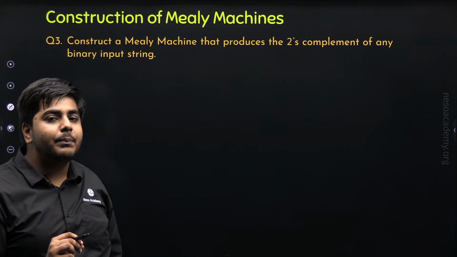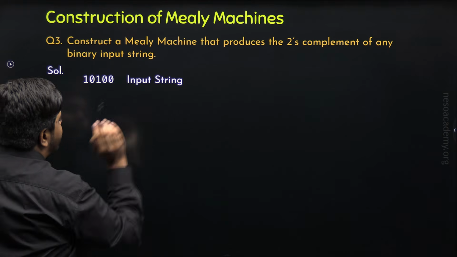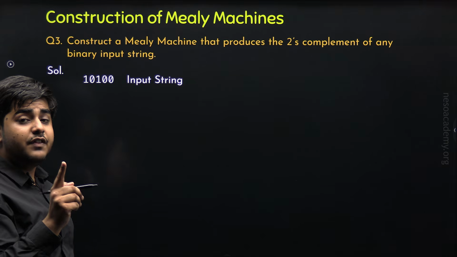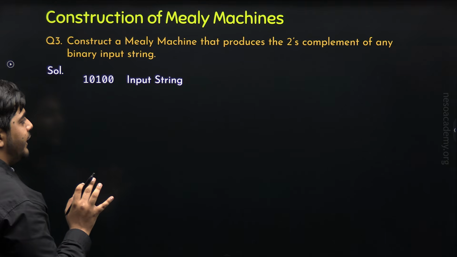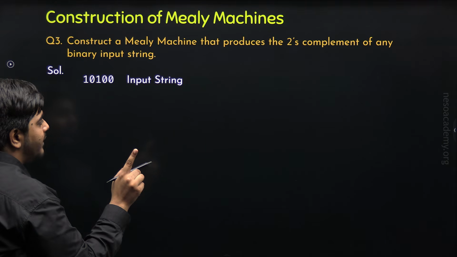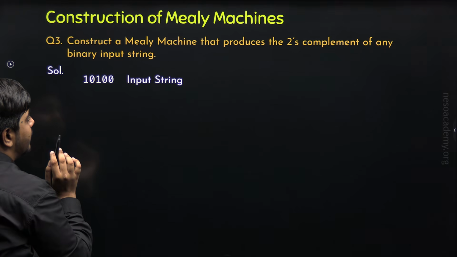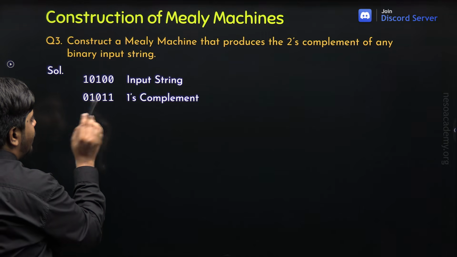So what is a 2's complement? Let's find out. Suppose this is an input binary string. To calculate the 2's complement, we first need to calculate the ones complement, which we can get by flipping all the bits of the input binary number. So the ones complement will be 0, 1, 0, 1, 1.